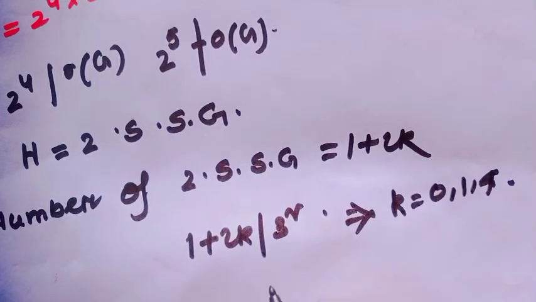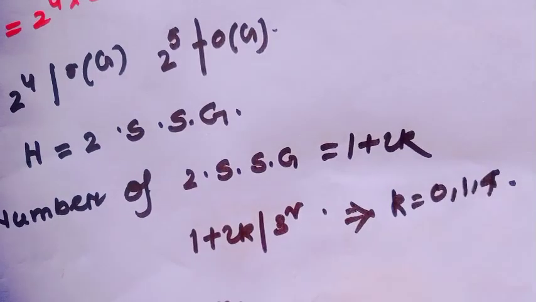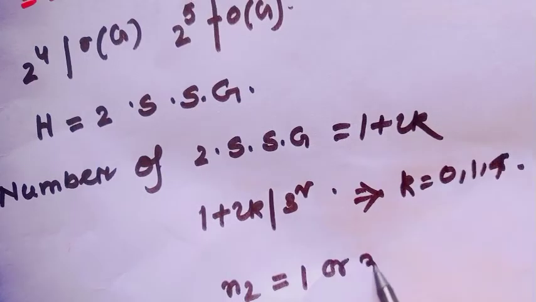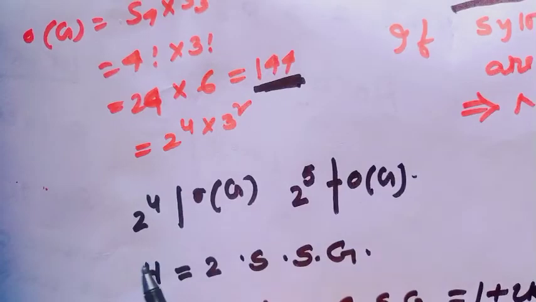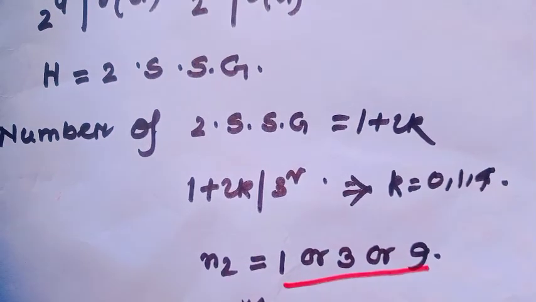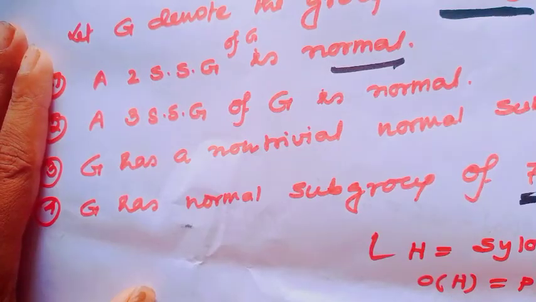That means N2, the number of 2 Sylow subgroups, is either 1 or 3 or 9. Since here we have 2 to the power 4, there exist either 1 or 3 or 9 subgroups of order 16. Here option 1 asks, is the 2 Sylow subgroup normal?